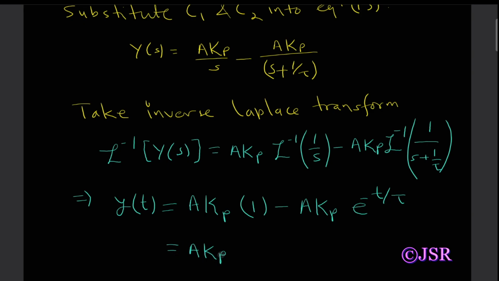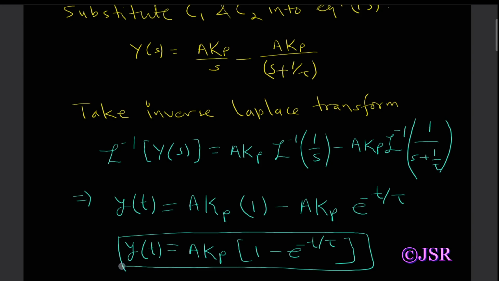So a kp common, and in bracket we will have 1 minus e to the power minus t upon tau. So the small y of t will be equal to this.